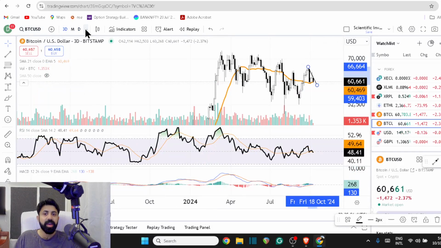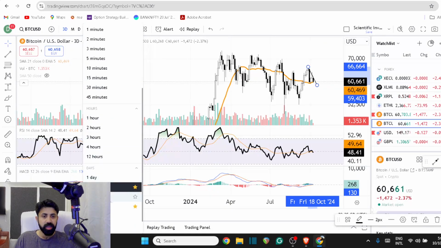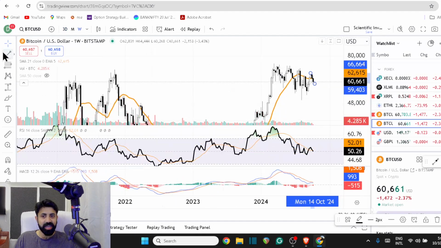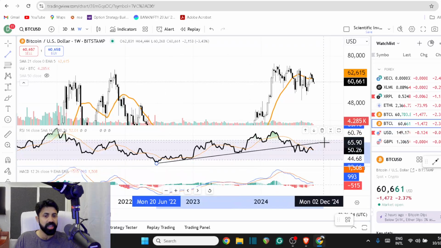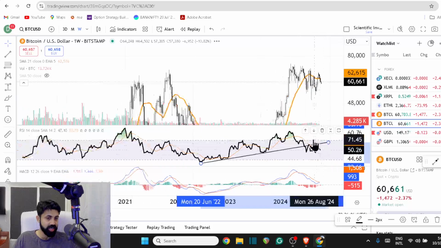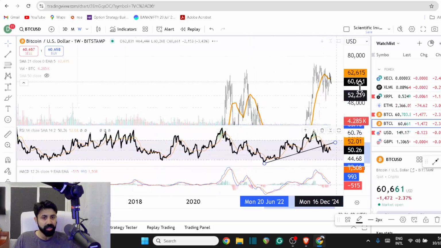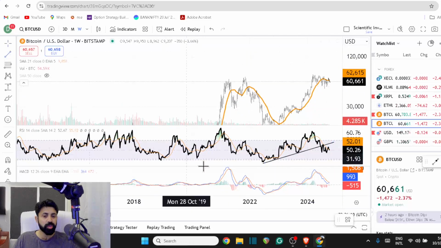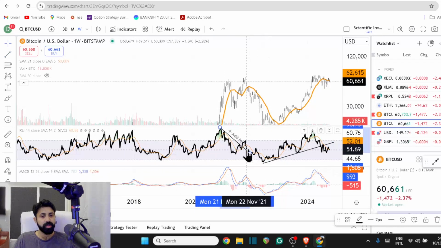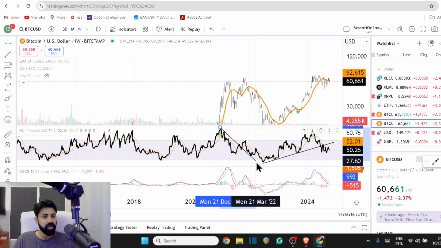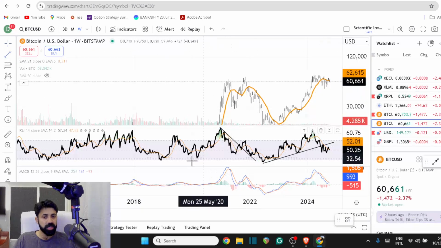Because remember, on a weekly chart, the key idea here is not the trend line which was running to the upside getting broken to the downside, but it's the new trend line which is forming to the downside. See, you're confused. No, don't be.